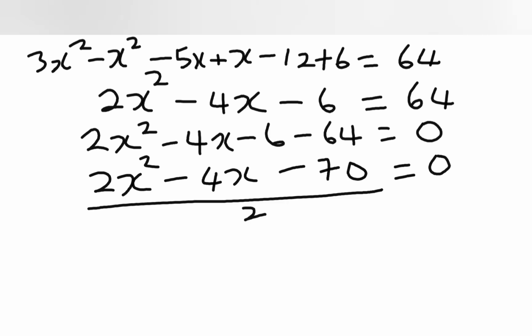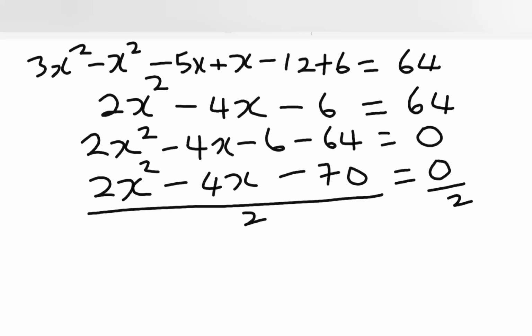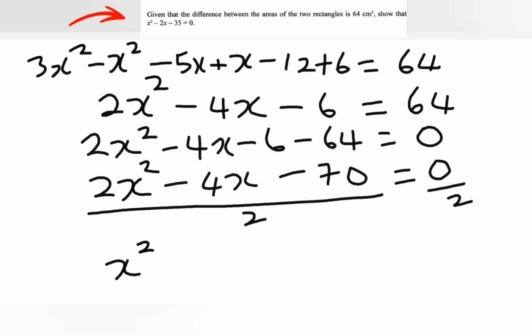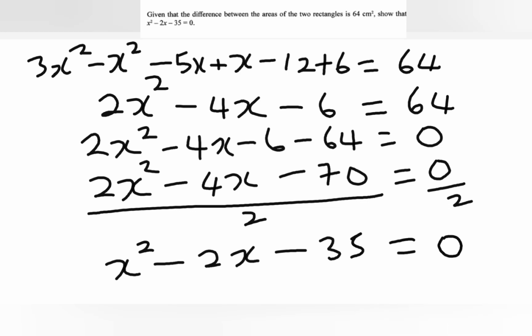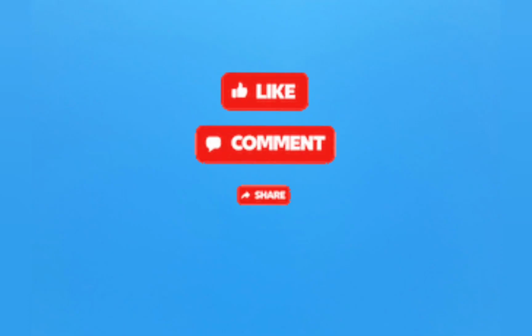What we're going to do now is divide both sides by 2 in order to get it in the form that was stated. So 2x squared divided by 2 gives us x squared, minus 4x divided by 2 gives us minus 2x, minus 70 divided by 2 gives us minus 35, and 0 divided by 2 is still 0. So that's what it's going to be in the form. So this is proven.